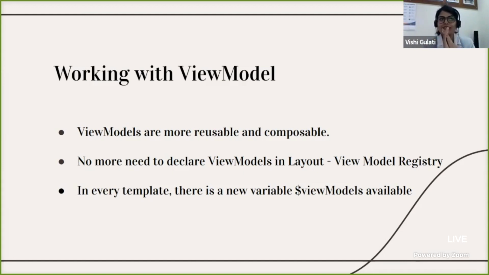So now it's not required to define every view model in your templates. This is the best part. And second, it is very easy to use the view models directly in the template. Now we don't need to think, okay, I need this, then go back into the template file again and declare it again. That is a good part about the view model registry.